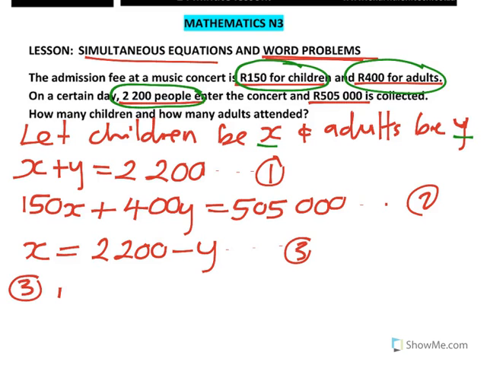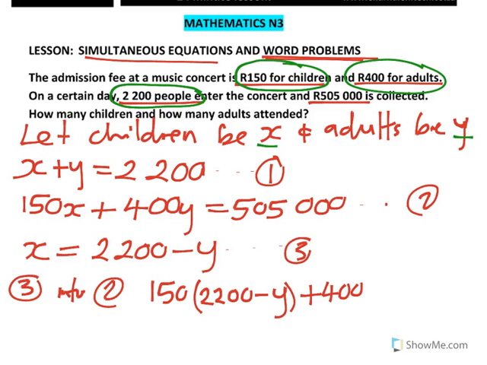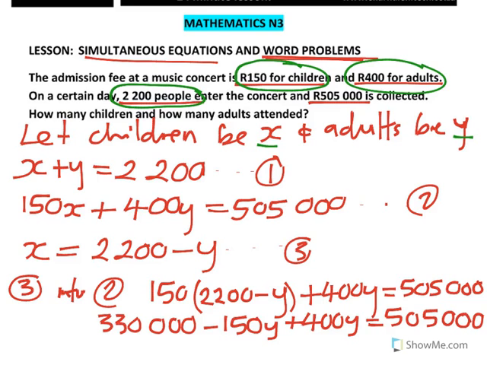So if you take equation 3 into equation 2, remember, where there is X, you put the value of X: 150 times 2,200 minus Y, plus 400Y is equal to 505,000. If you open the bracket, 150 times 2,200, you're going to get 330,000 minus 150Y plus 400Y is equal to that.